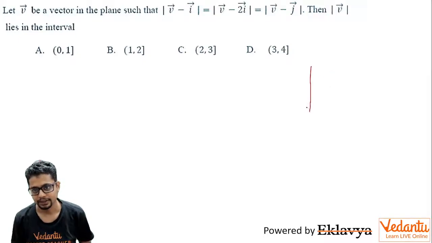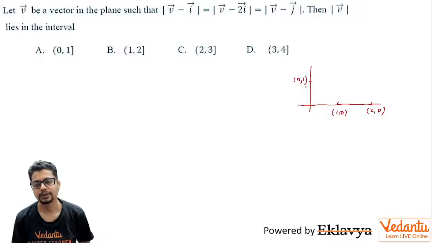Here i cap and j cap are the well-known unit vectors. So i cap represents the point (1, 0), 2i cap represents the point (2, 0), and j cap represents the point (0, 1). And v vector, I am saying, is a position vector of certain point P.